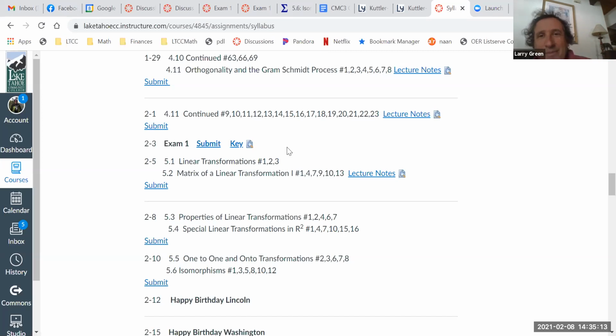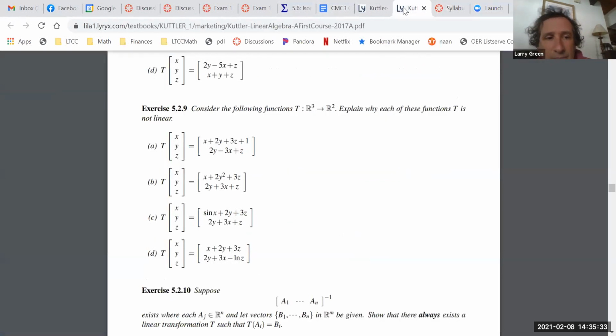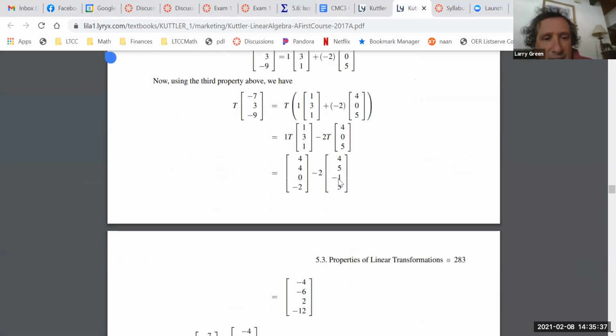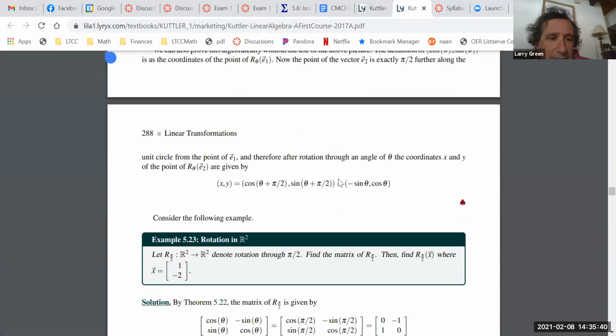Any thoughts? If you want me to pop my screen down, let me write these down because it's too hard to go back and forth. So 2, 3, 6, 7, 8, and 1, 3, 5, 8, 10, 12. And this is 5.3 and 5.4. I think they're not too long, so I think I can get to it.